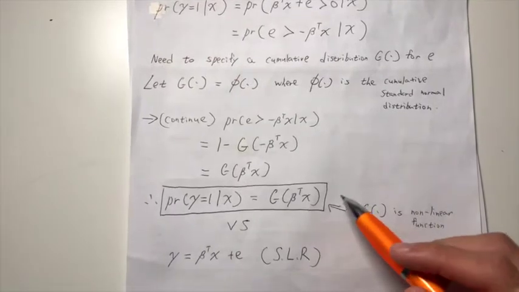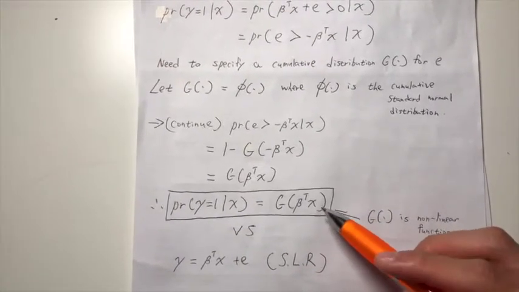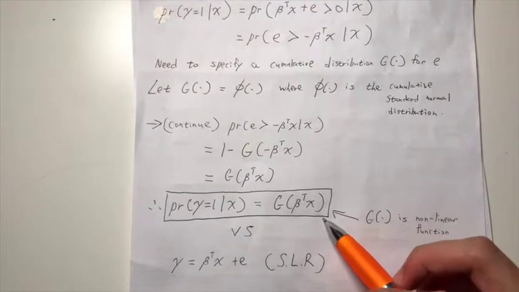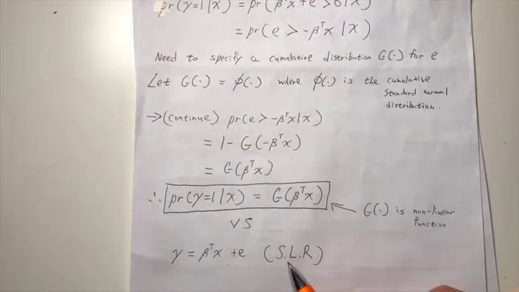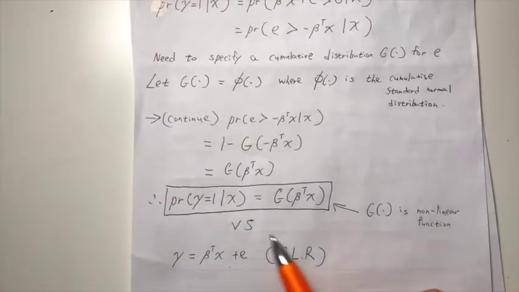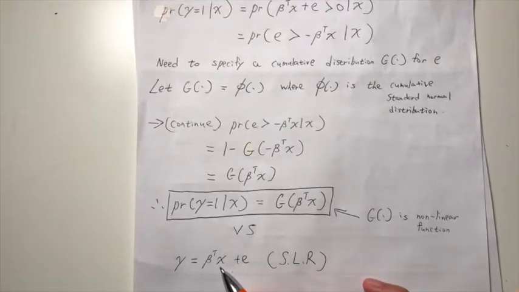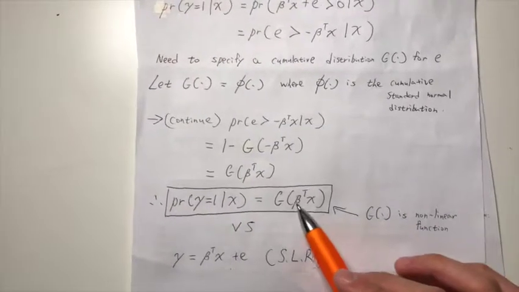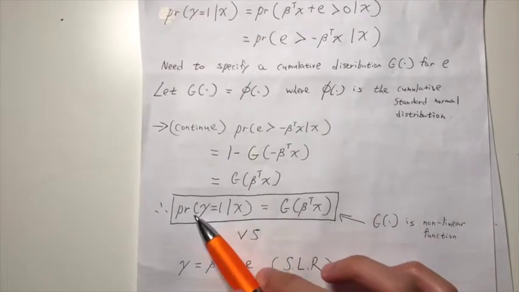Now, it will be helpful for us to think of the difference between this nonlinear function and our usual OLS estimation of simple linear regression. The difference is that that is a linear relationship. It's just beta tx. But here we have a nonlinear function that represents the probability.